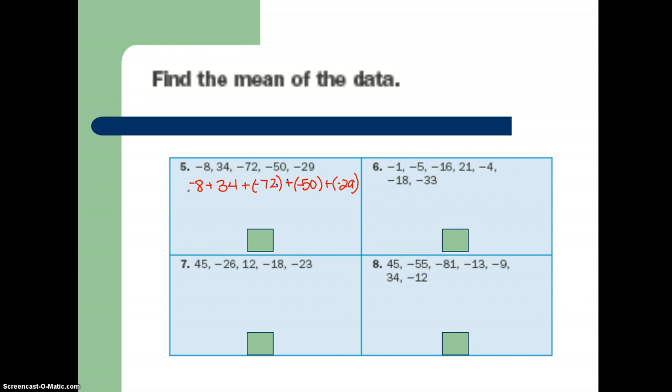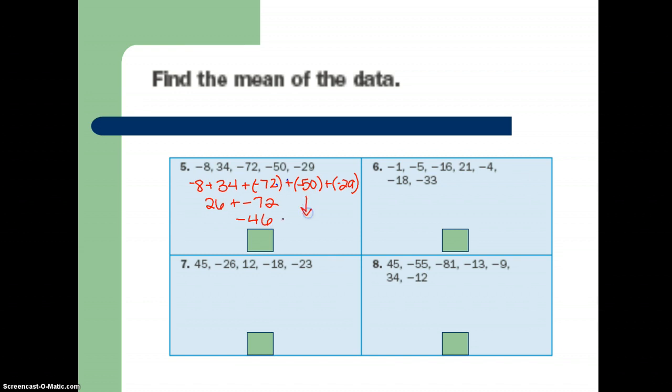For number 5, negative 8 plus 34 is positive 26. Bring down the negative 72, and 26 plus negative 72 is negative 46.